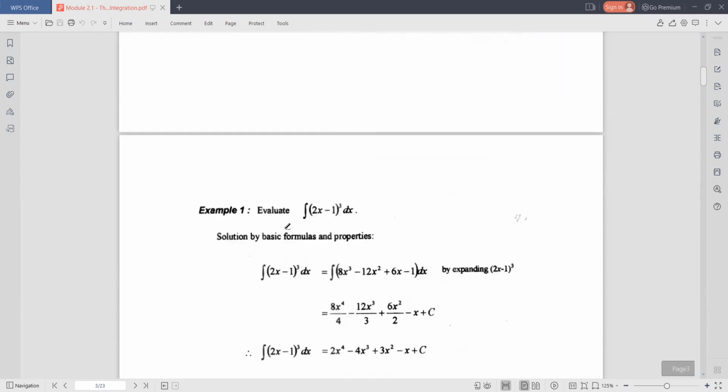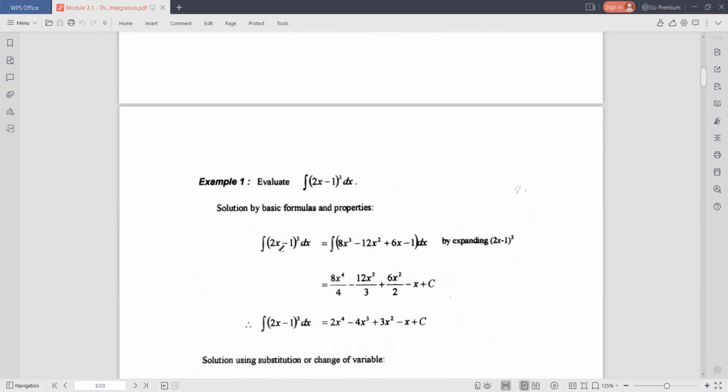So let's first evaluate the first example, that is the integral of 2x minus 1 quantity cube dx. So to solve this one, we can use our first formula. Okay, so first we evaluate this given problem.